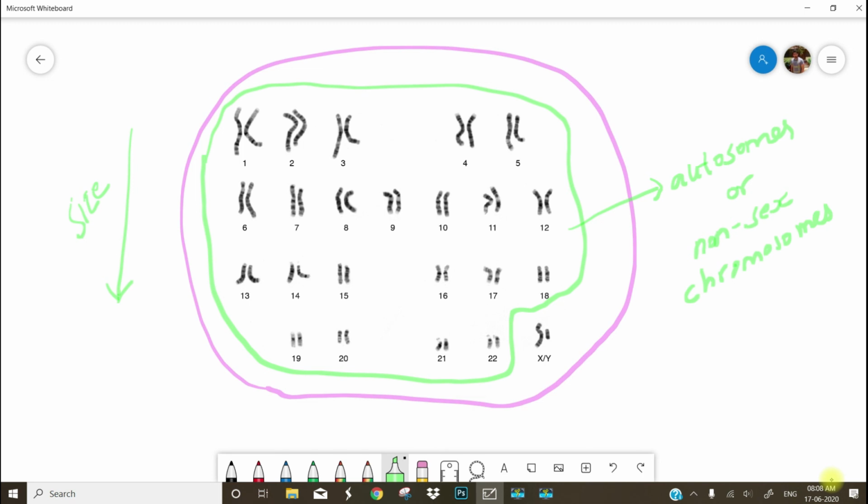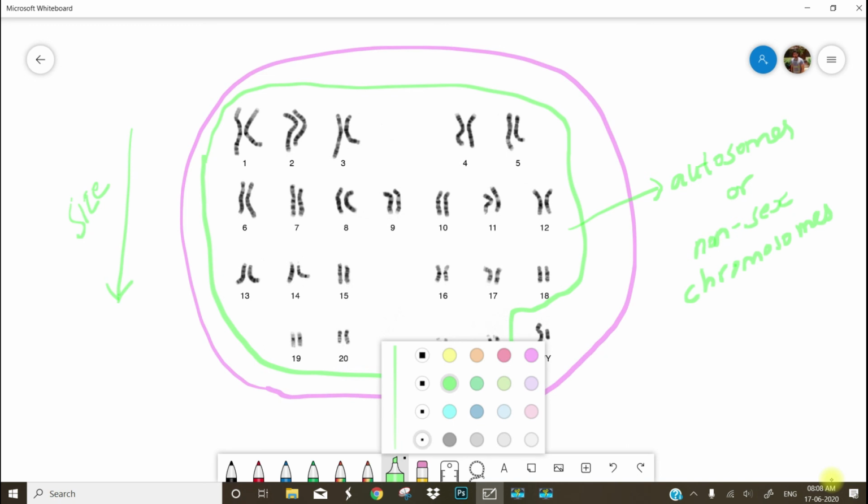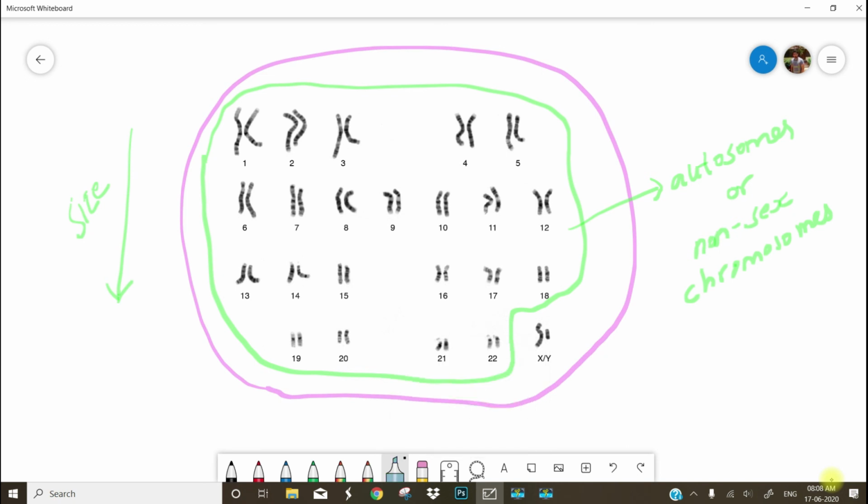Now what remains is 2 of our chromosomes, which are the sex chromosomes. A pair of sex chromosomes, or we can call them allosomes. Here it is XY. What does that mean?